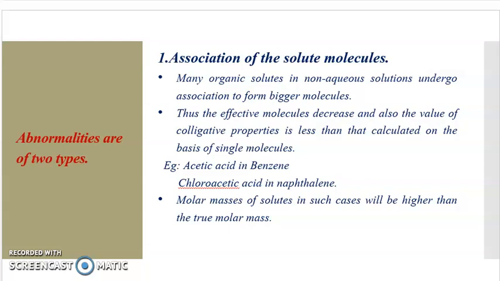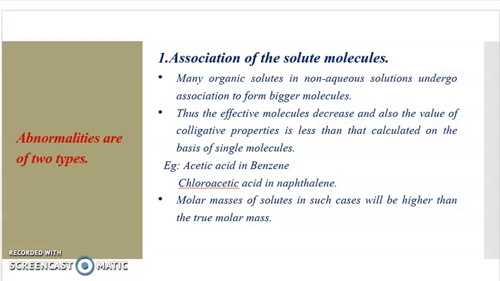Then what happens to the molar mass? As the colligative property decreases, the molar mass of the solute will be higher than the true molar mass. So in the case of association, which is the first reason for abnormal colligative property, the solute particles combine to form bigger molecules.